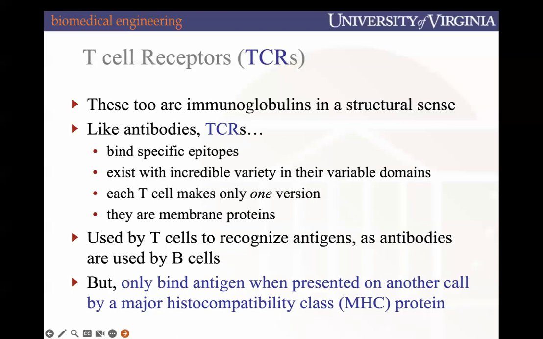In general, T cell receptors can only see an antigen when it's been presented on a certain class of proteins called major histocompatibility class proteins. That's my last time saying that full phrase because we usually just refer to it as MHC. So I'm going to repeat that again with the abbreviation. T cell receptors are only able to bind and recognize their cognate antigen when it's been presented to them by MHC proteins.